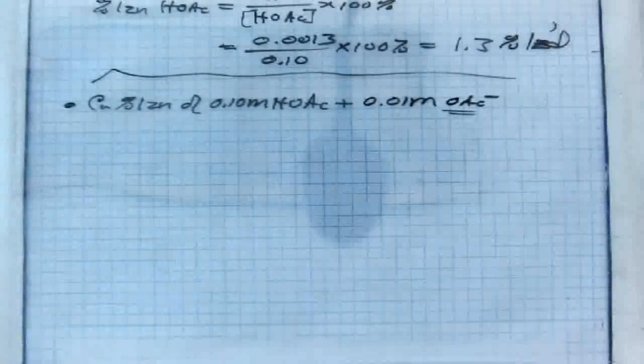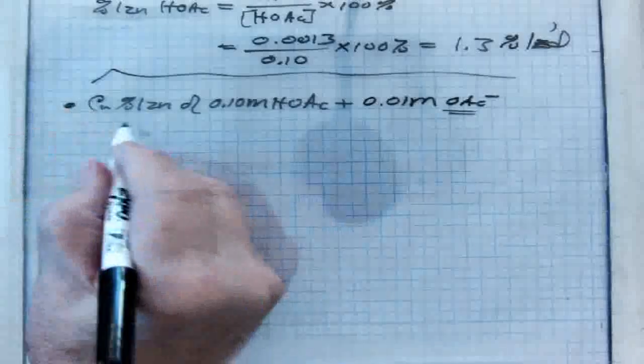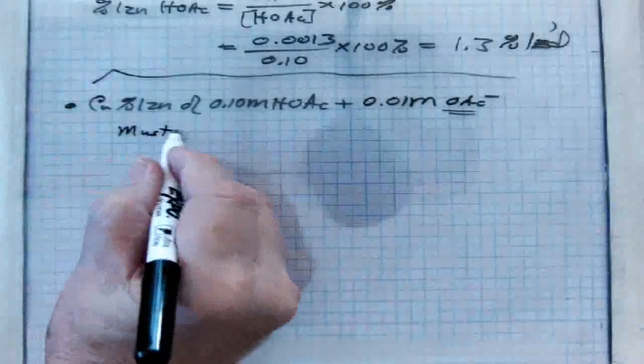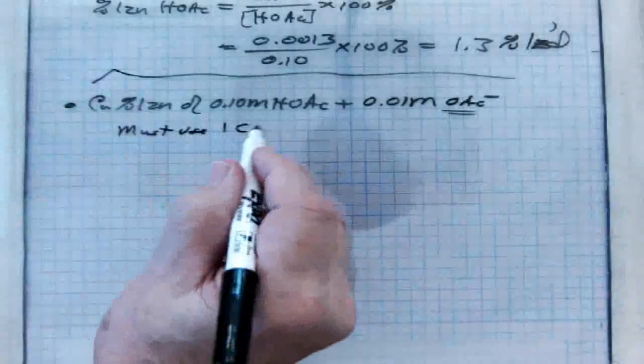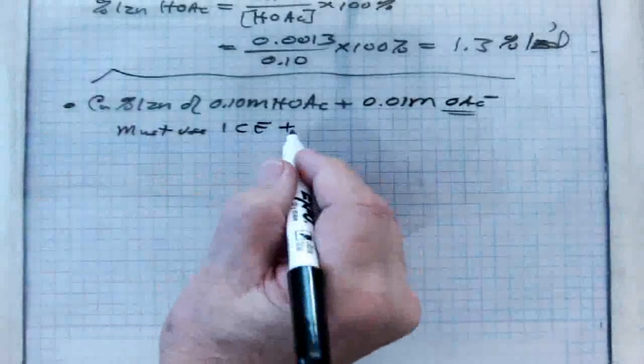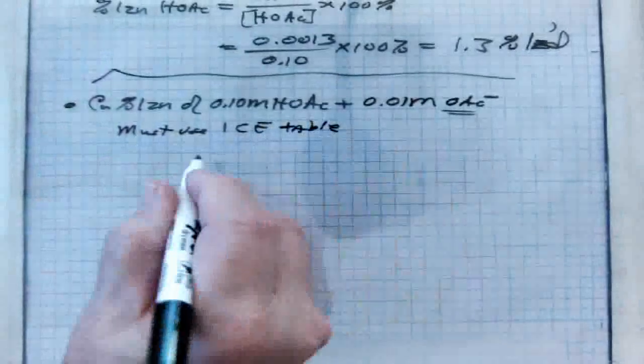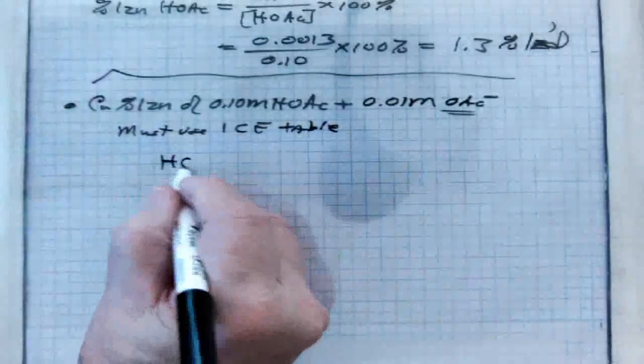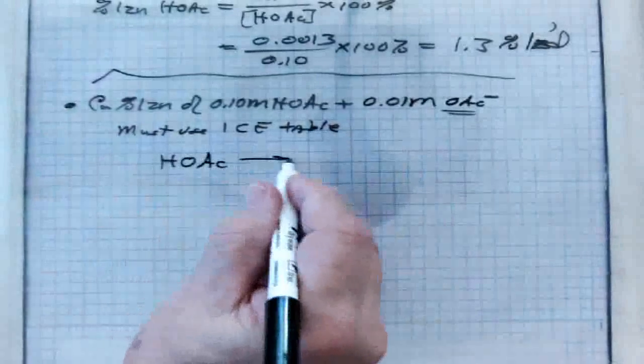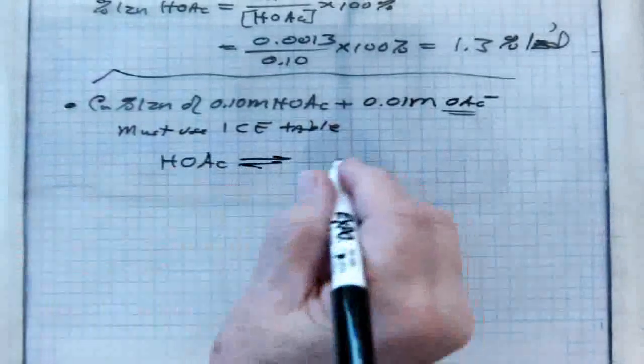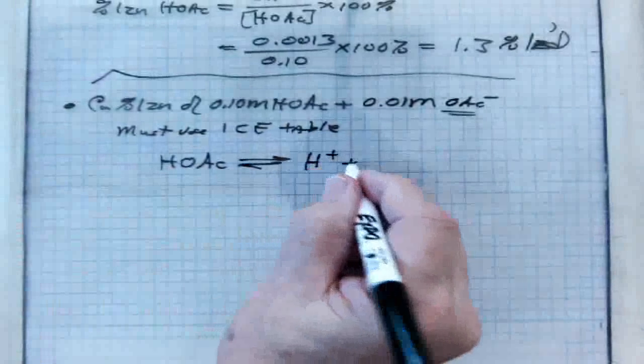And nothing's happened yet. That is, in the presence of the common ion, HOAc hasn't started delivering hydrogens into solution yet. Then you open the gate and let the chemicals run. The reaction runs, and so this goes down by X, and plus X.